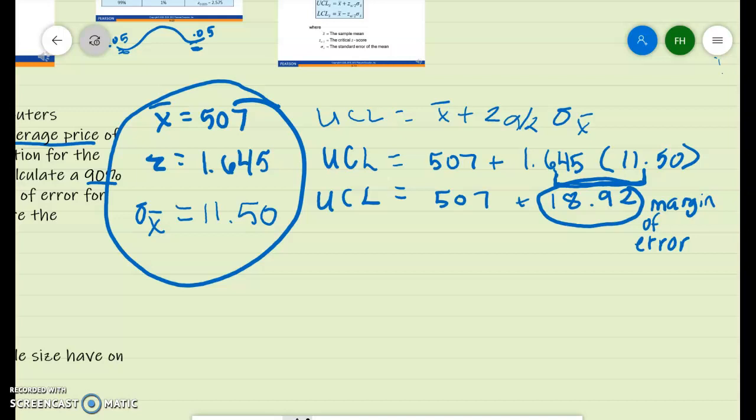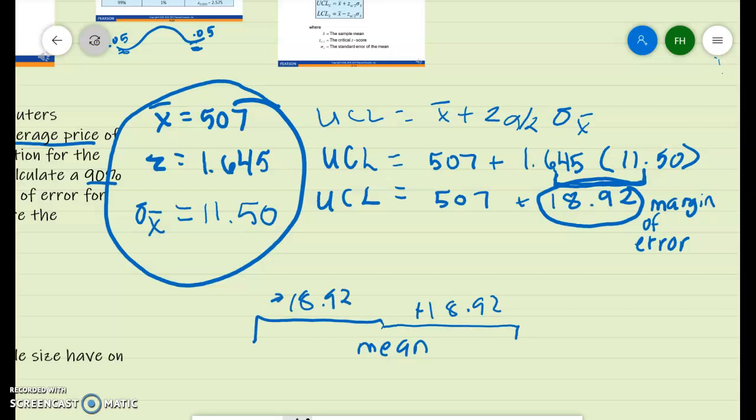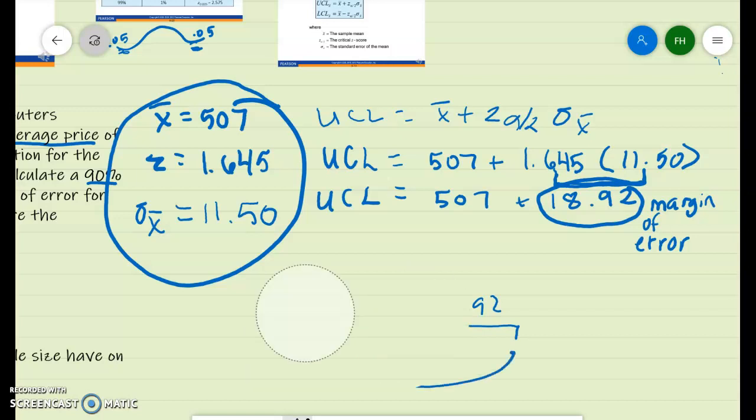So this is the number, if we have the mean, we're going to do 18.92 above, and we're going to do 18.92 below. And that's going to give us our interval, and we call that the margin of error.